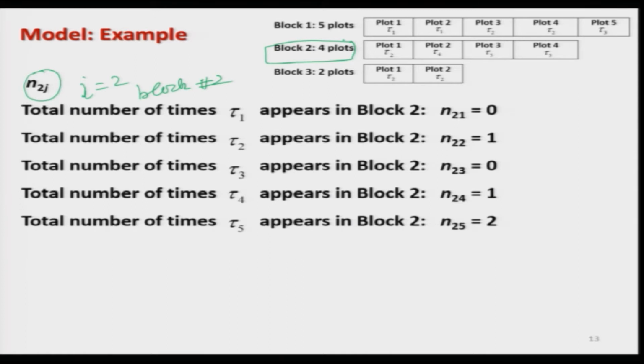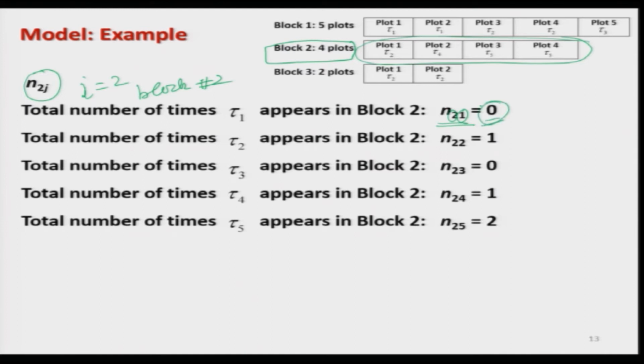About treatment number 1, you can see there is no occurrence of treatment number 1. So, that is indicated by N21, the total number of times tau 1 occurs in block number 2, which is equal to 0.